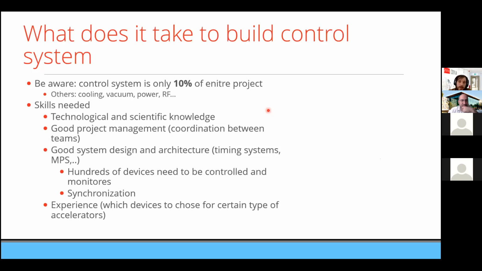Why is that? Well, you have a lot of teams working on one accelerator, and you need to coordinate between them. For example, there is a team working on power and power delivery to the magnets and all the other devices, and basically you need coordination on how to perform different tasks.